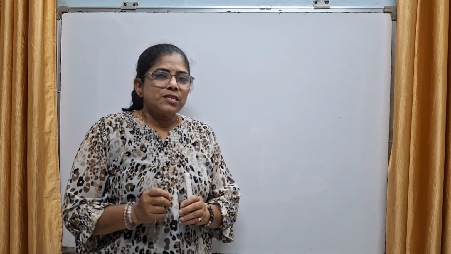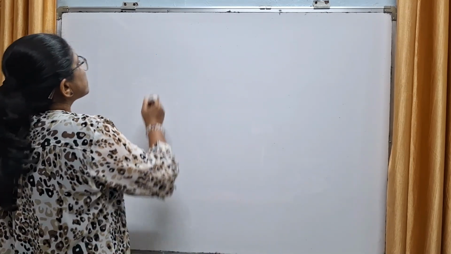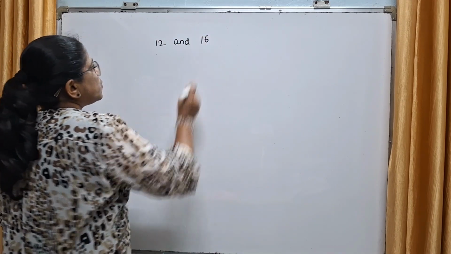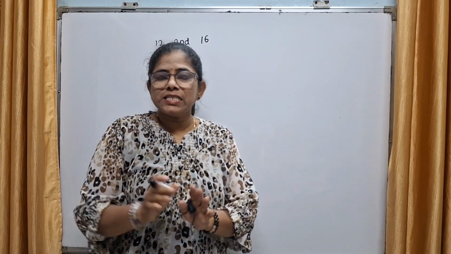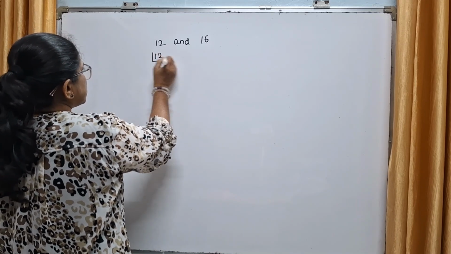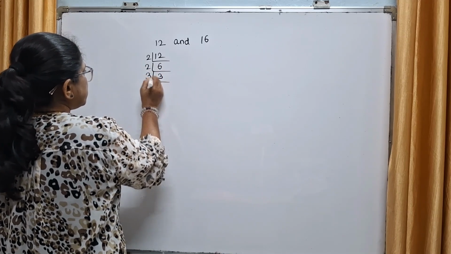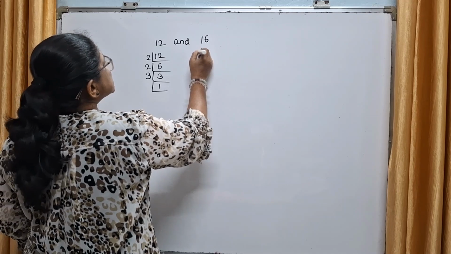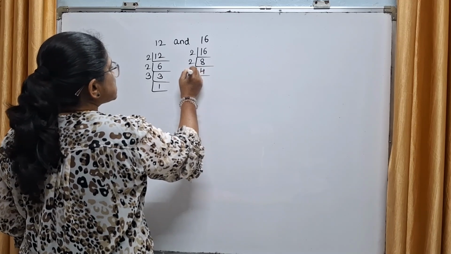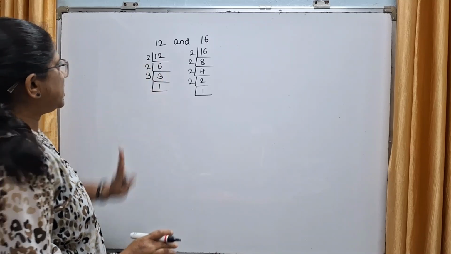Okay. First, I would like to solve one example. Let's start with one simple example, that is 12 and 16. We will find the HCF of these numbers. 12: 2 6s are 12, 2 3s are 6, 3 1s are 3. 16: 2 8s are 16, 2 4s are 8, 2 2s are 4, 2 1s are 2.